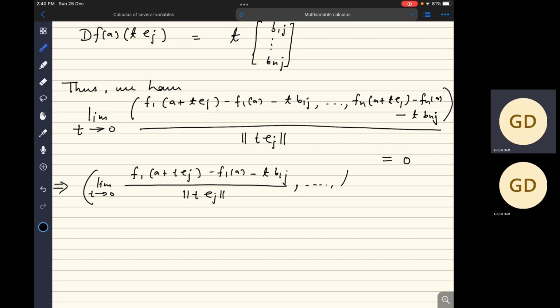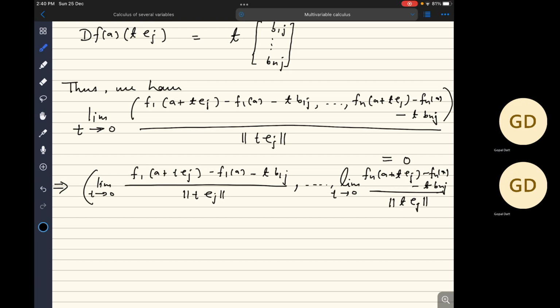This is equal to 0. So here this 0 means 0 vector.